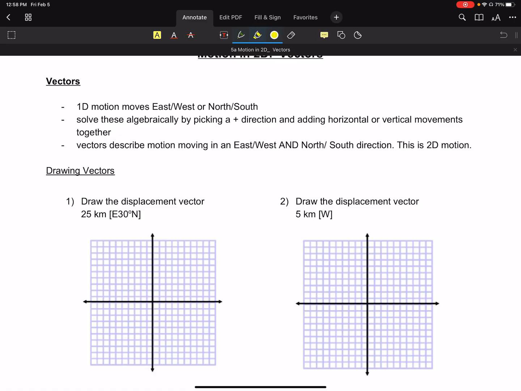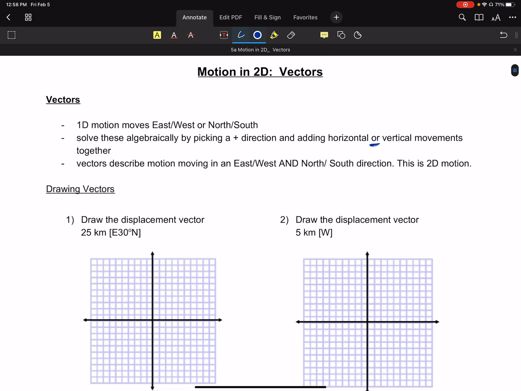It's kind of like one or the other. Vectors describe motion moving in an east-west and a north-south direction. So these vectors of 2D motion will be in both directions, sideways and vertically.